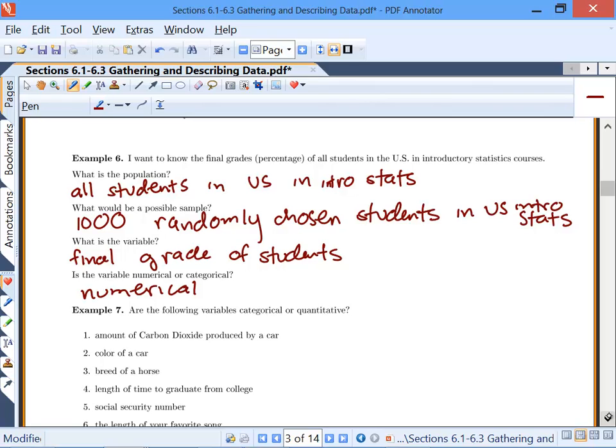So for our next example, I just want to go through and look at each thing and see if it's categorical or quantitative. Remember, quantitative is the same thing as numerical. So the first one is the amount of carbon dioxide produced by a car. Okay, I say numerical because you'd probably be measuring it in, well, however you measure carbon dioxide.